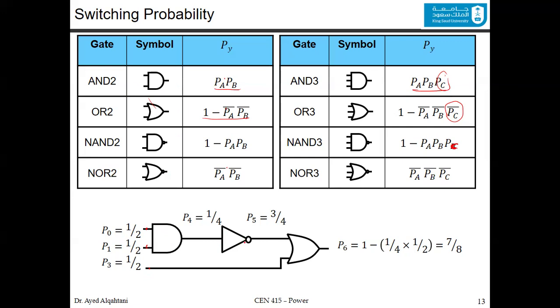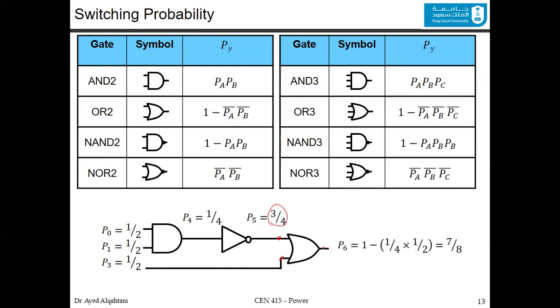Now the inverter, even though we didn't mention it in the table, always gives you the complement of the probability. So if you have a quarter at P4, it will be 3/4 at P5 after the inverter. Or basically it's 1 minus a quarter, which is 3/4. Now we know that this is 3/4 at the first input, and here we have a half in the second input.